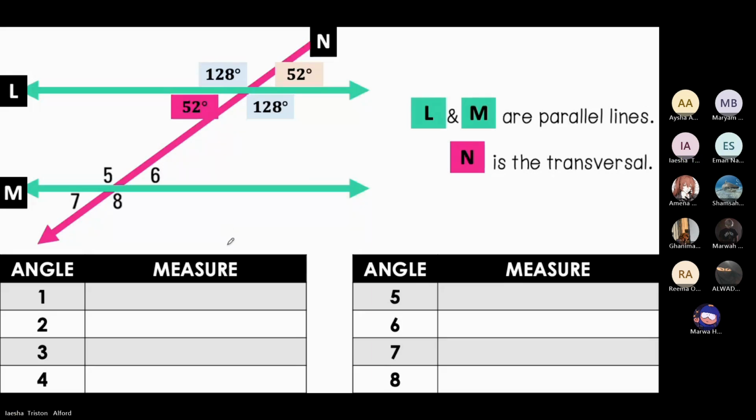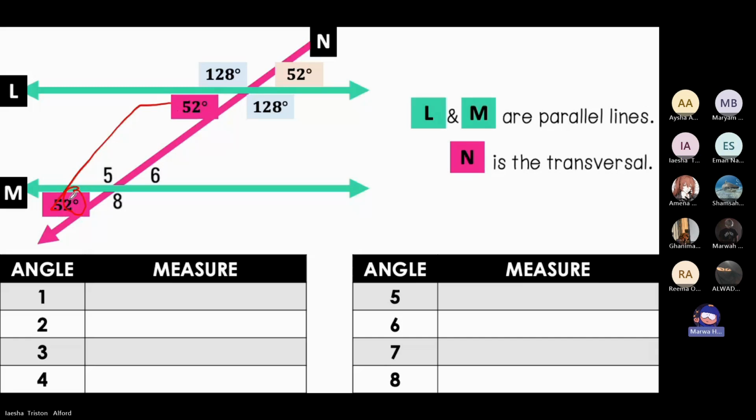Fine? So this angle is in the same place as what angle here in the next square? Angle 7. So it should be 52 degrees, angle 7. Angle 6, name and how?